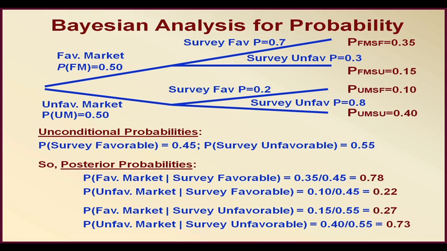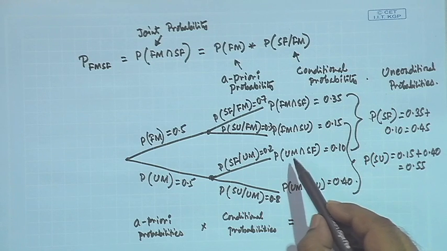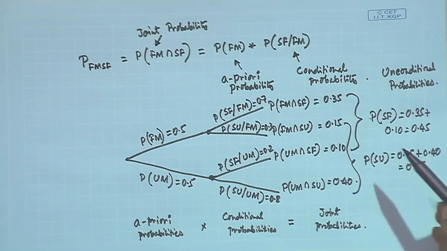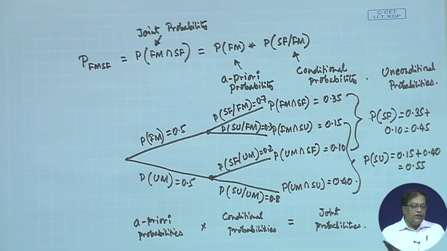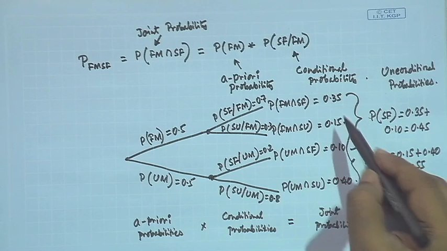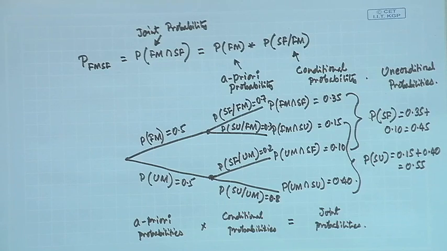Now, if we understand that survey favorable is 0.45, it has two components. One is for favorable market, which is 0.35, and unfavorable market 0.10. So, obviously, if we want the posterior probabilities, that when there is survey favorable, how much is for favorable market and how much is for unfavorable market, that has been divided in this ratio, 0.35 is to 0.10. So, for survey favorable, we can draw what is known as a secondary diagram.